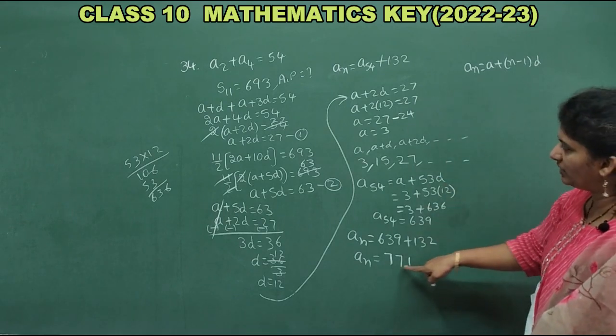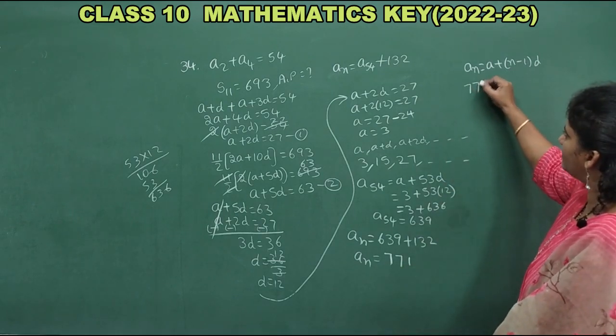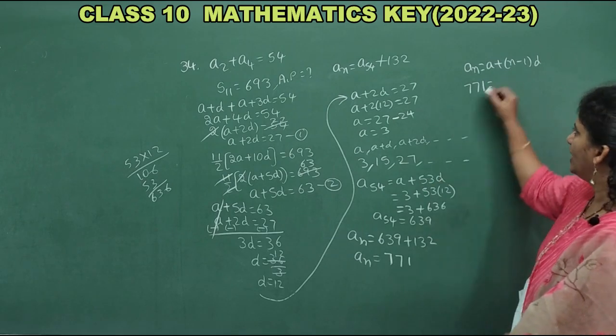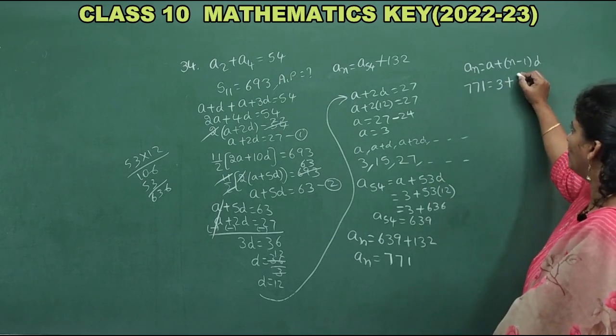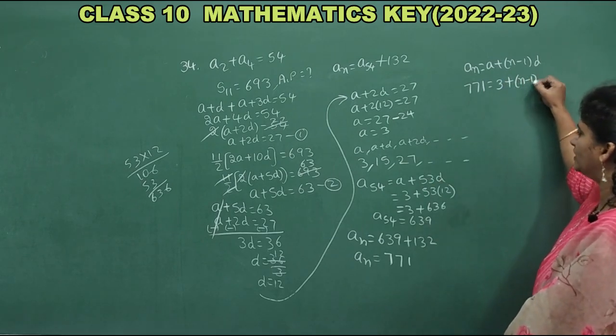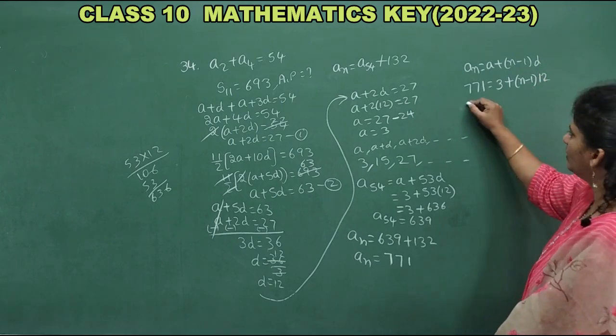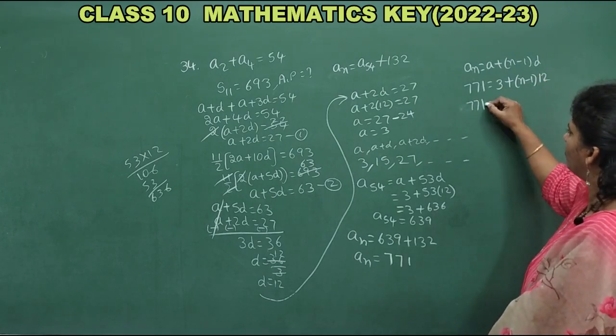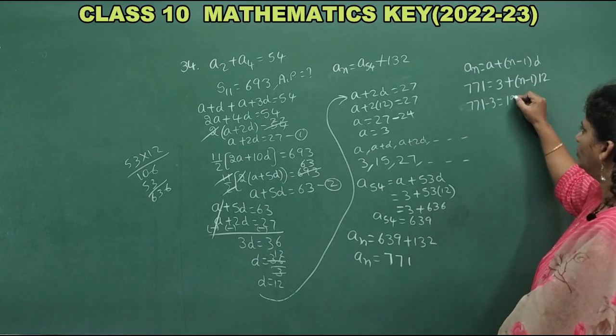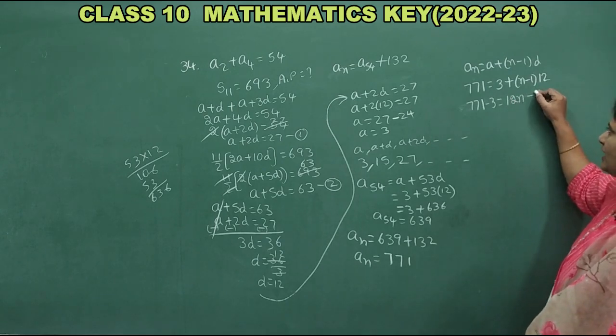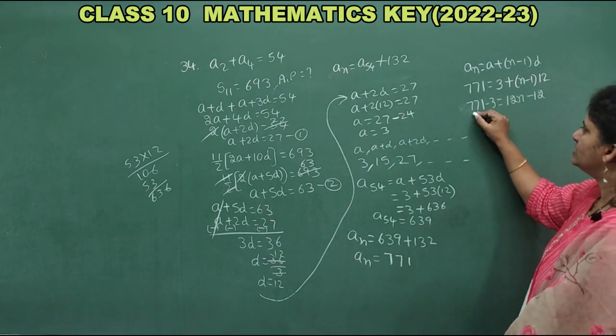The an value, let me take it as 771, is equal to, a value is 3, n value we don't know, n minus 1 into d value, which is 12. 771 minus 3 is equal to, remove brackets, 12n minus 12.